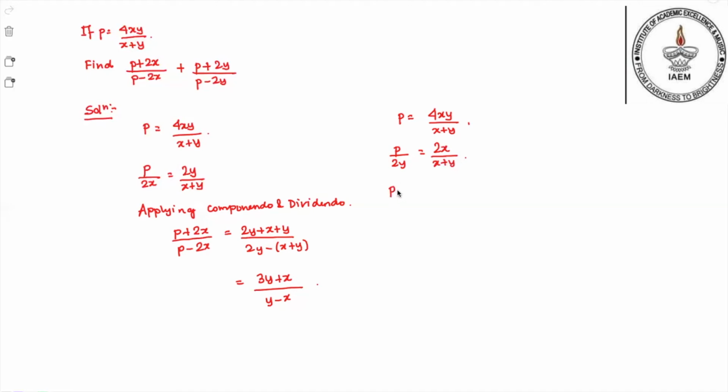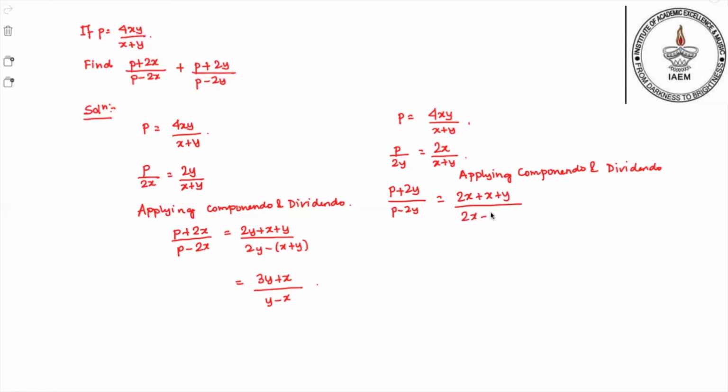So p plus 2y by p minus 2y, applying componendo and dividendo, equals (2x plus x plus y) by (2x minus x plus y).